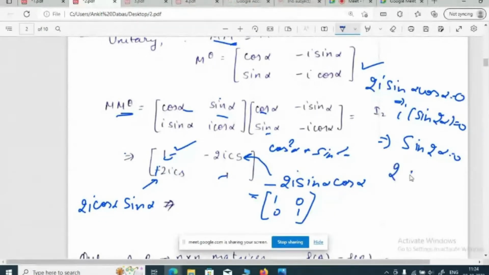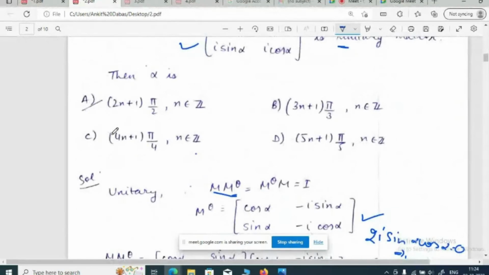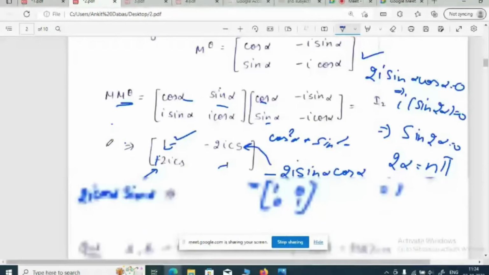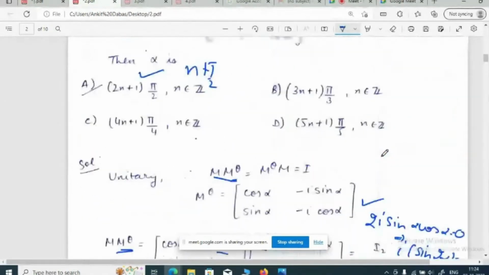Hence 2 alpha is equal to n pi, where n belongs to the integers. So alpha is equal to n pi by 2, n belongs to Z. This holds for all integers, but if we see the options, these are the odd integers. This reduces to the same result in that form. So the correct option is option A.